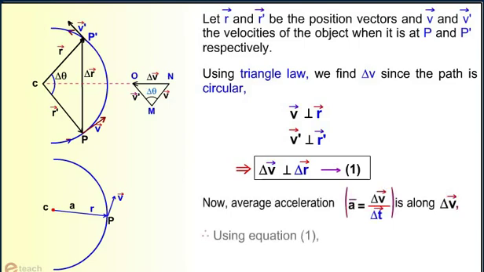Now, average acceleration vector a equals delta v divided by delta t, and is along delta v. Using equation 1, delta v vector is perpendicular to delta r vector. So, acceleration vector is perpendicular to r vector.